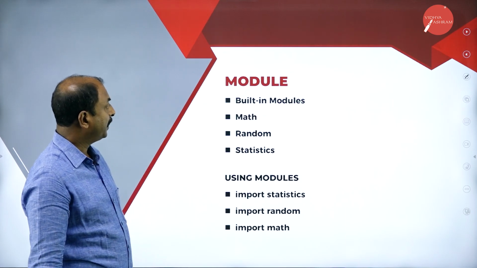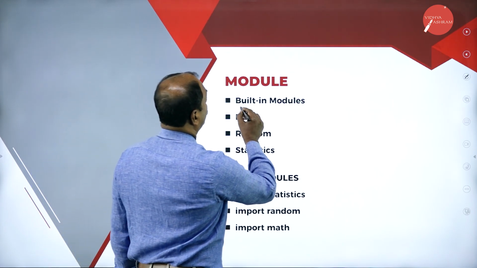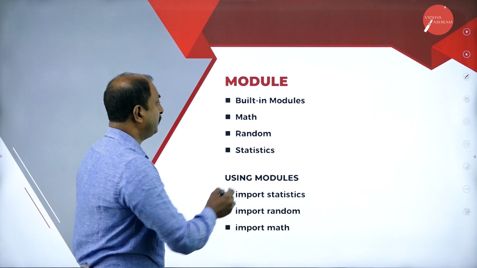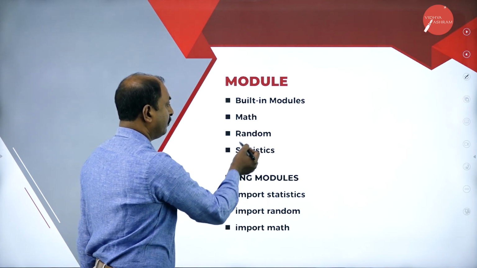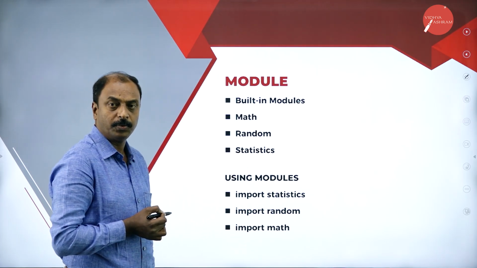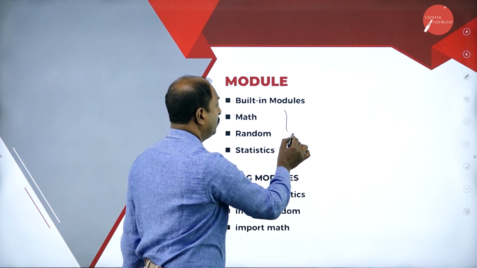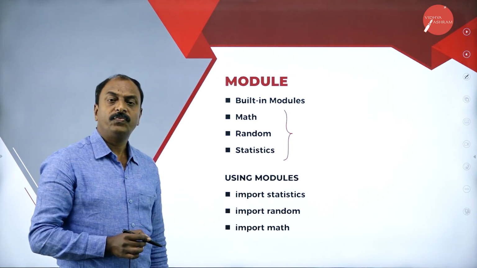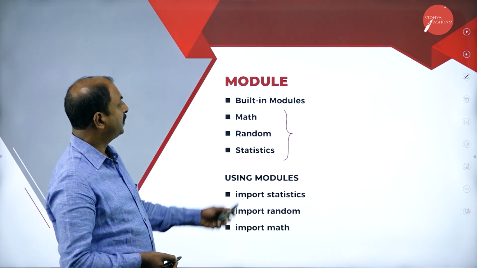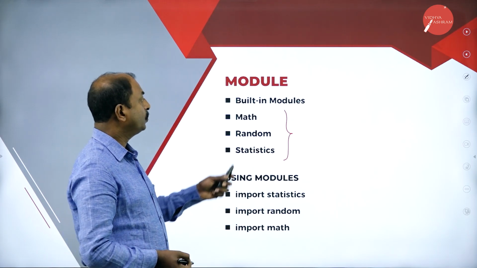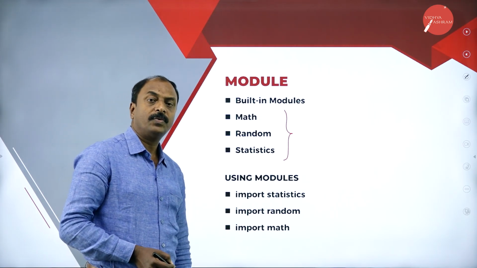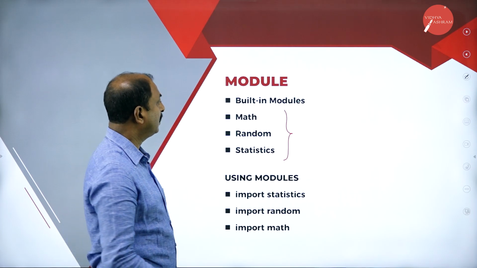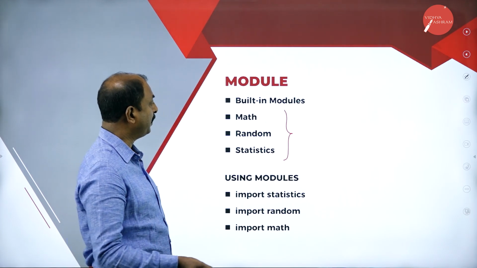Now let us see some examples here. We have a few built-in modules. One is the math module, and then random and statistics modules. All these modules have different types of functions with respect to their category. The math module consists of all mathematical functions used in Python programming.